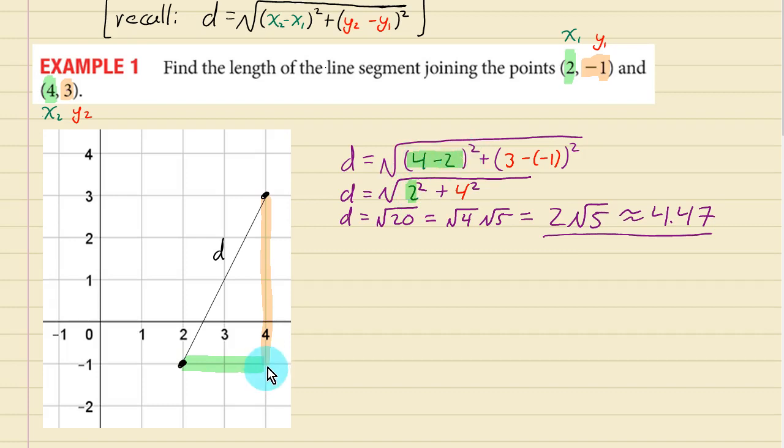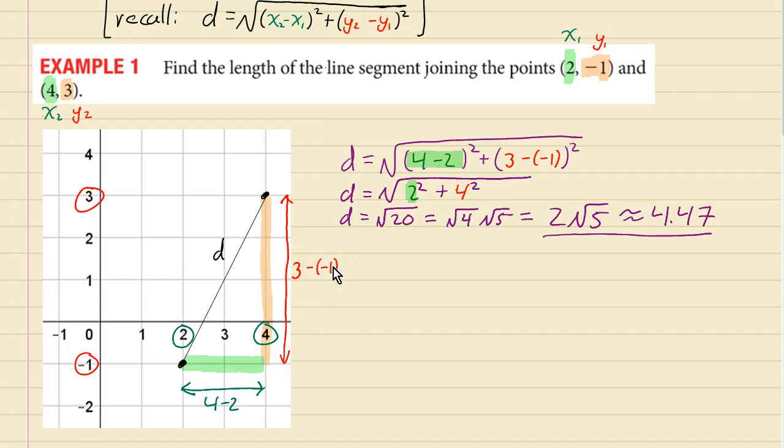So generally you can always do your second coordinate minus your first coordinate if you want to get the distance between them. That's 4 minus 2. Likewise, if you want to know this vertical distance, you can take the coordinate there and the coordinate there, and the distance between them is going to be 3 minus -1.